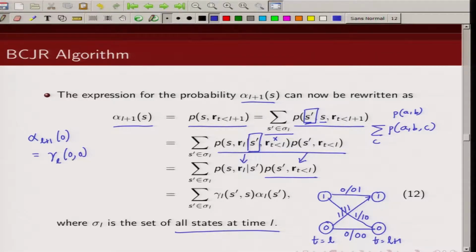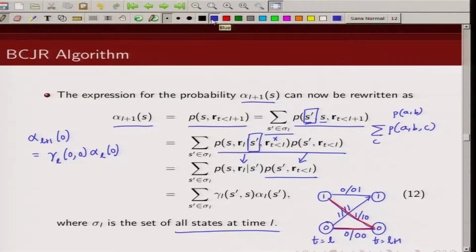So, this is gamma L 0 0 alpha L 0, corresponding to this transition. Now, there is another transition here, basically this.